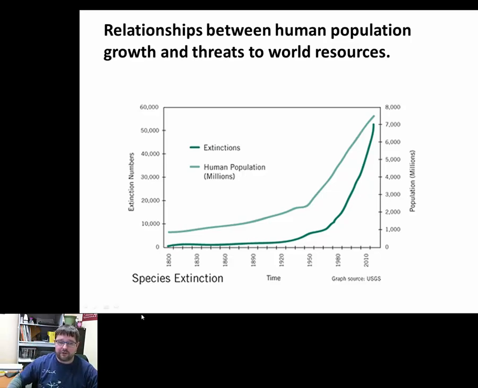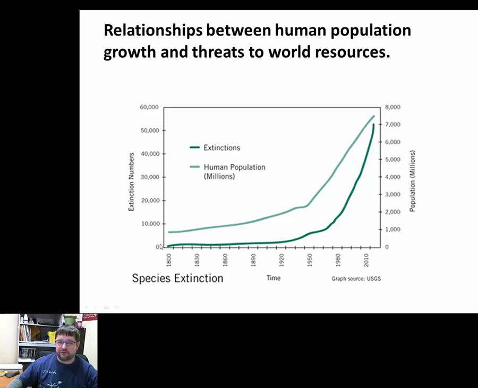And so here you can see that, since the 1800s, the world's population was about 1 billion, maybe a little bit less, and it's gradually increased over time, okay, to the world's population of about 7.7 billion, or 7,700 million.